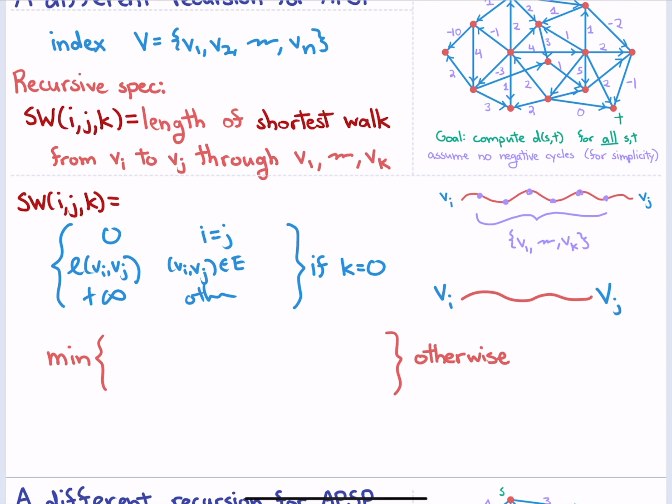So we have two choices. We can either use Vk or not use Vk. How do I model not using Vk? Okay, good, that's one choice. How do I model using k? What happens if I do want to try using Vk somewhere in the middle?